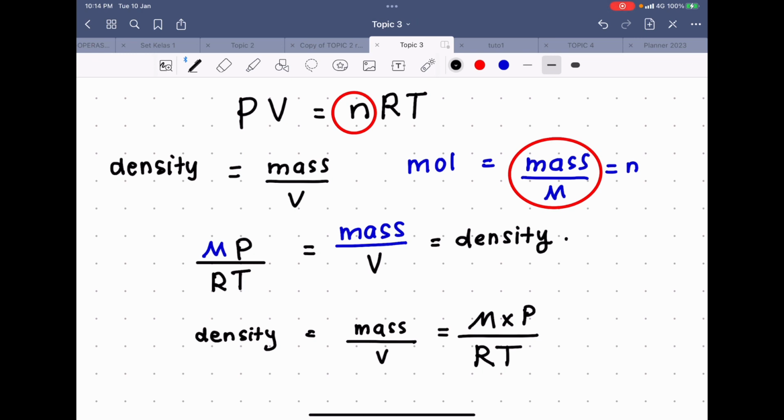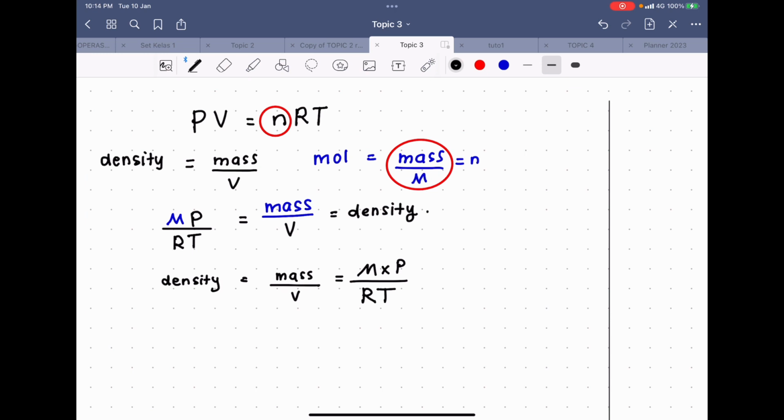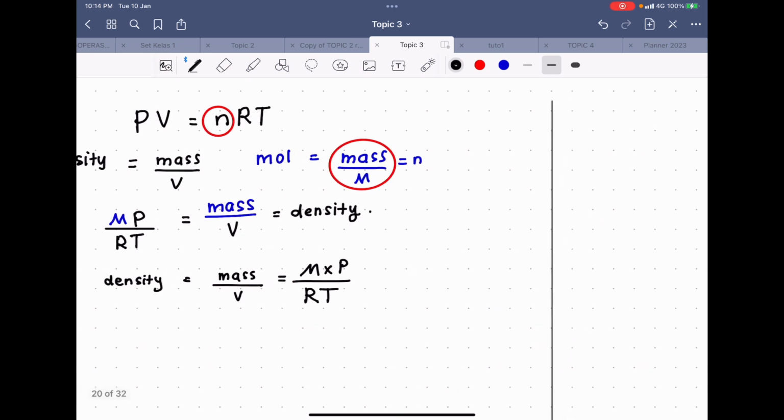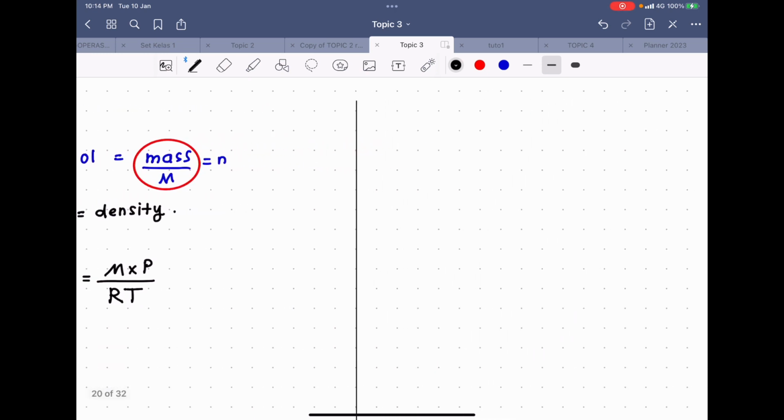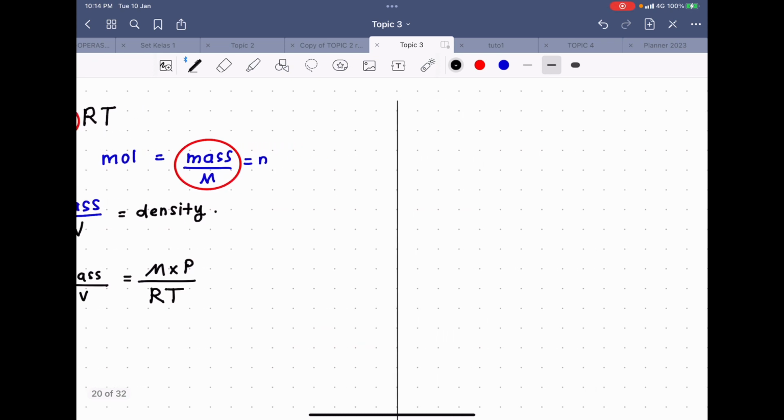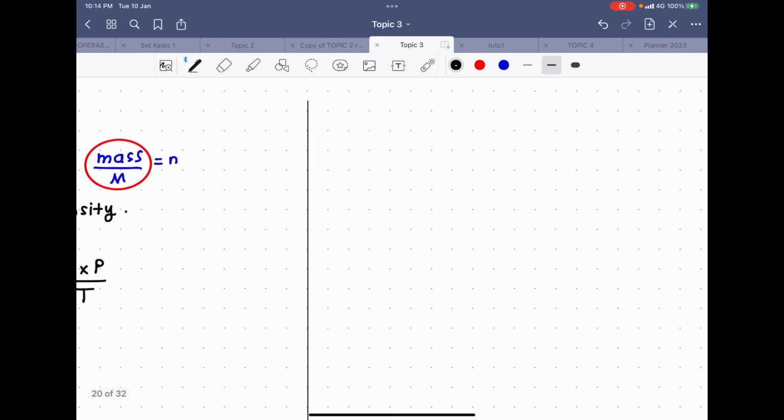What about molar mass? Molar mass is even easier than that. The same thing happens. We have PV equals nRT, where mole equals mass over molar mass.